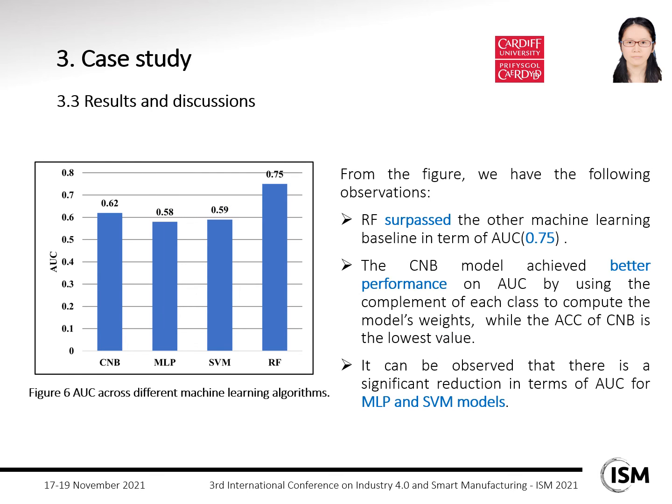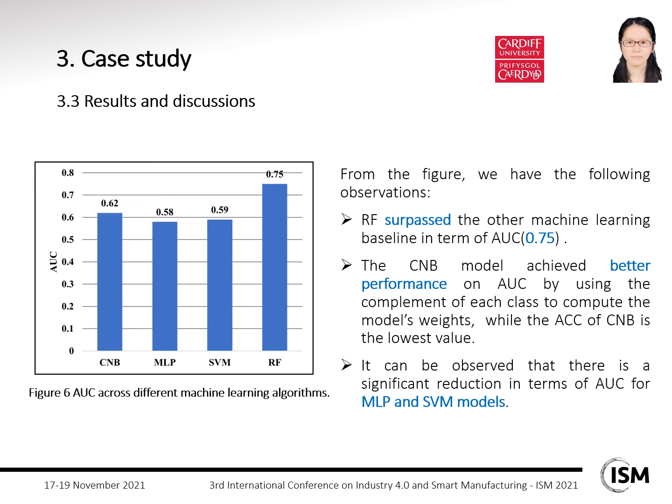And Figure 6 shows the AUC across different machine learning algorithms. From the figure, we have some following observations. The comparison reveals that the RF model also shows advantages over the other 3 machine learning models.